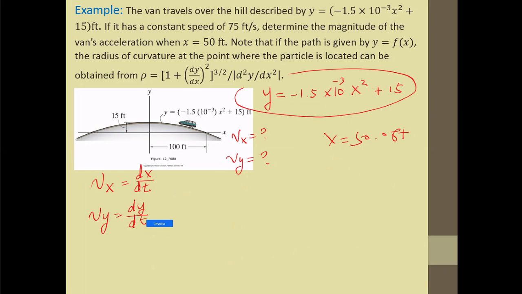The function was given. So y is a function of x. Then take a derivative with respect to t. Then you use the chain rule, because the function itself is a function of x.